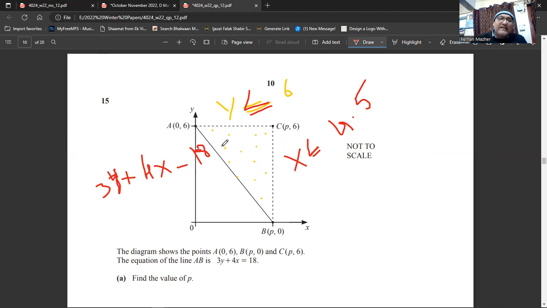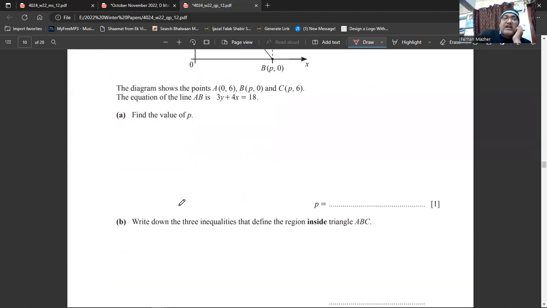Because this area is above this line, the crocodile's mouth will be towards the y. So these will be the three inequalities which are bounding that area. I hope you understand. I have done this actually, and let me show you.